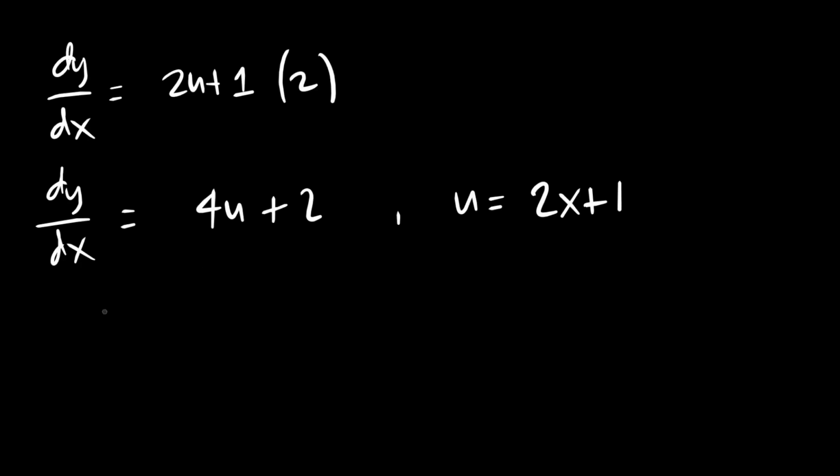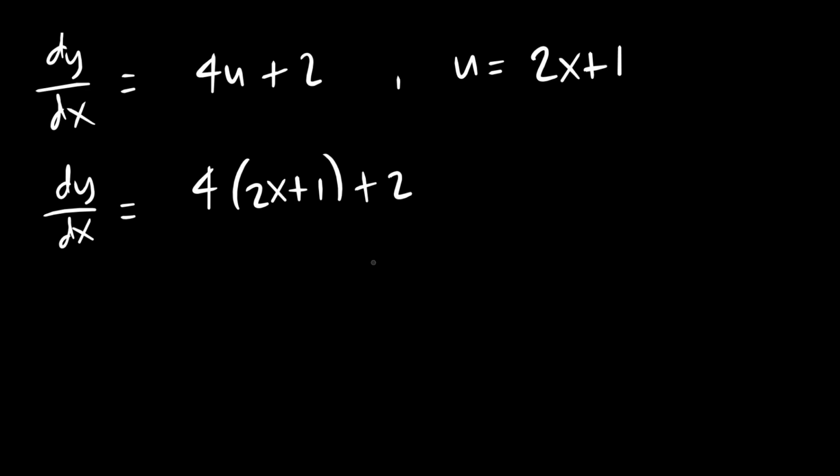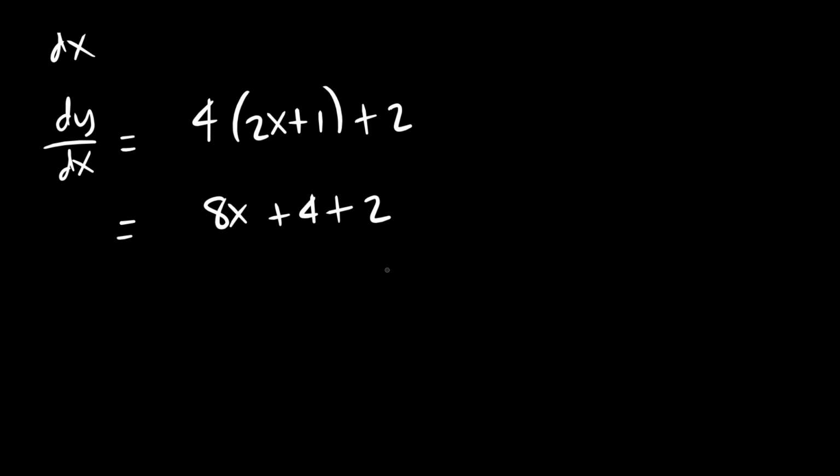So we'll have dy over dx is equal to 4 multiplied by 2x plus 1, plus 2. So the remaining will be 8x plus 4 plus 2. Right? So we'll simplify. So 8x plus 6.